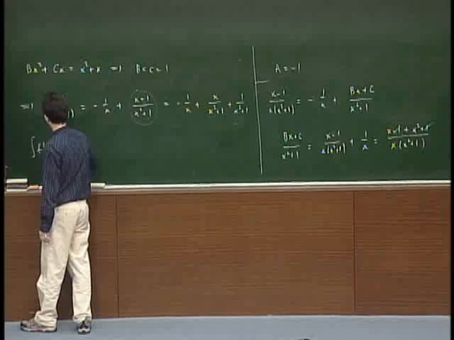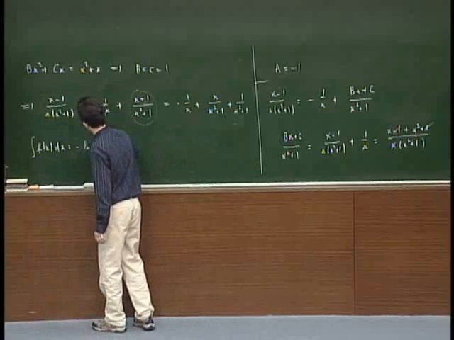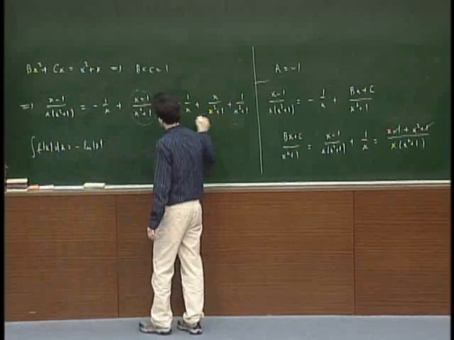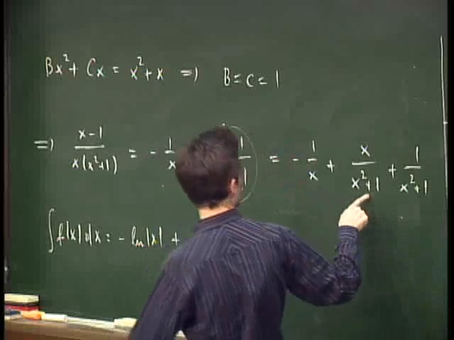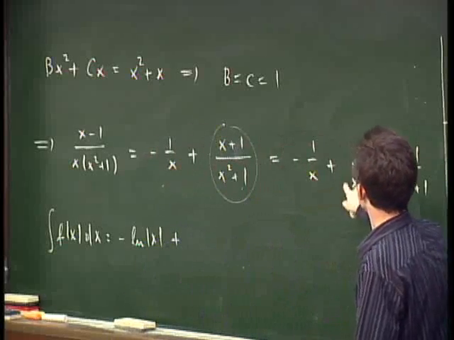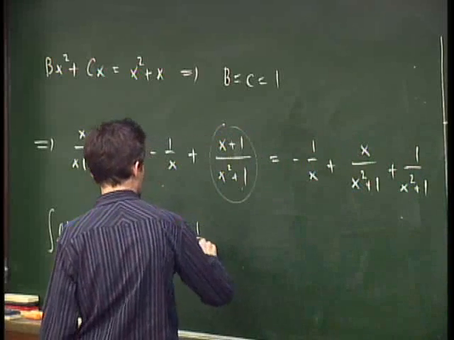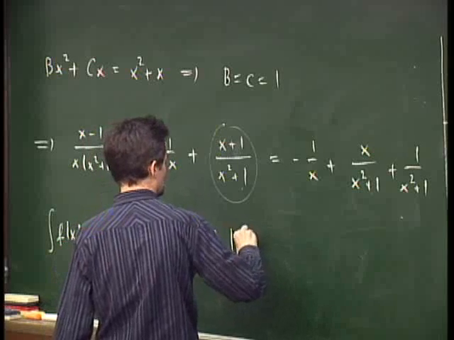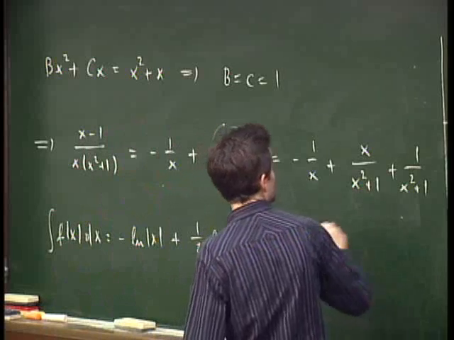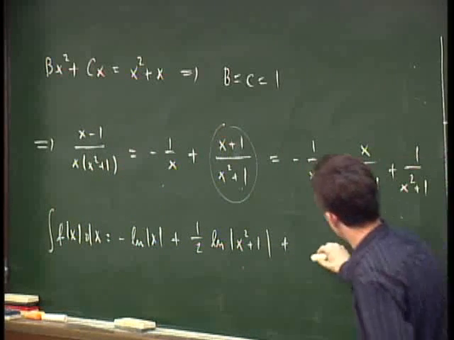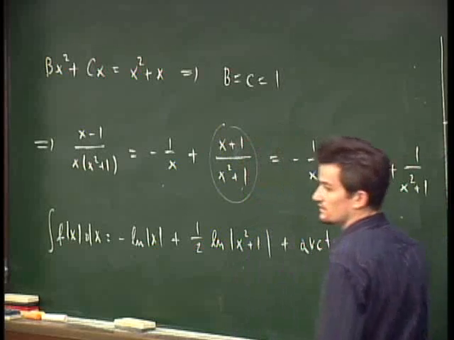So you have the integral over f of x dx is equal to, for this one you get minus ln of the absolute value of x, plus, now for this one you can use substitution, because you see that the derivative of the denominator is more or less a factor, so you have 1/2 ln of the absolute value of x squared plus 1, and this one is a standard integral, so this is the arctangent of x plus a constant.